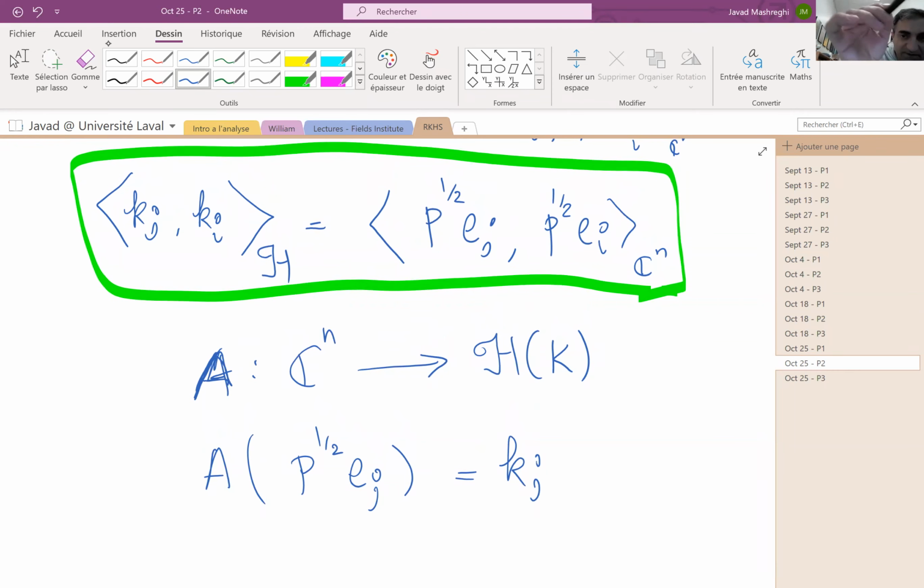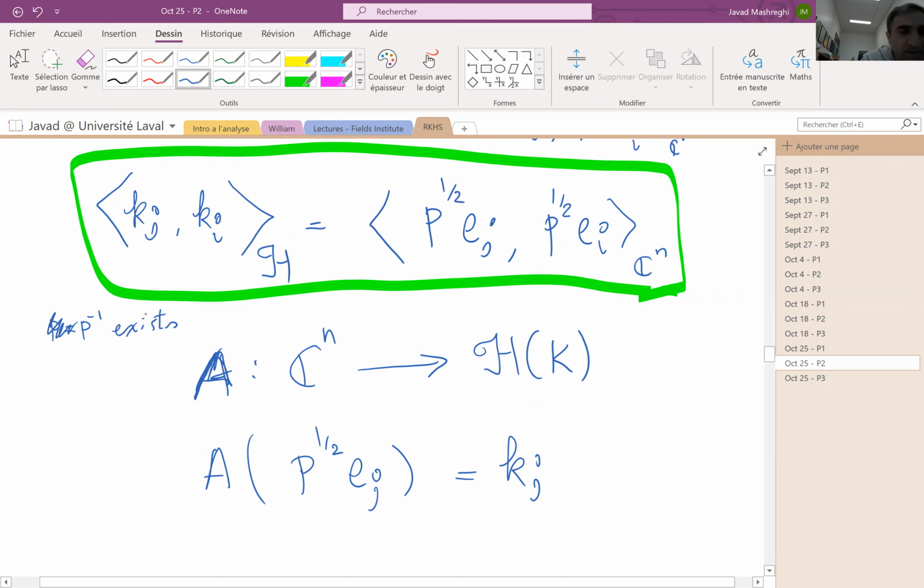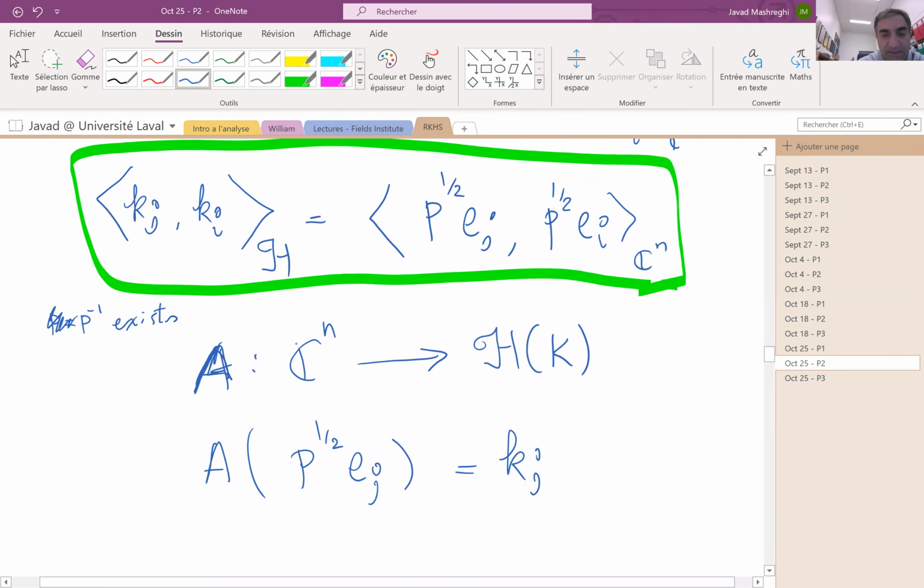If it's not invertible, I should say that it's from ranges. So temporarily assume that P inverse exists. And that is why the linear combination of all of this is equal to Cn.